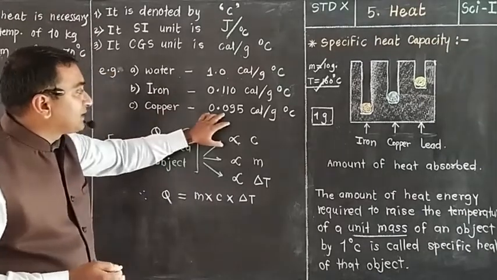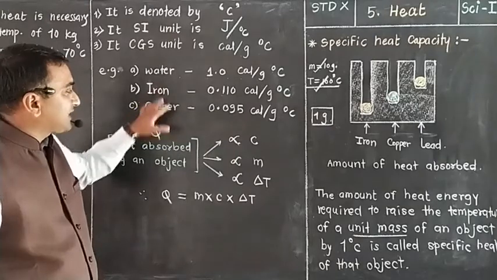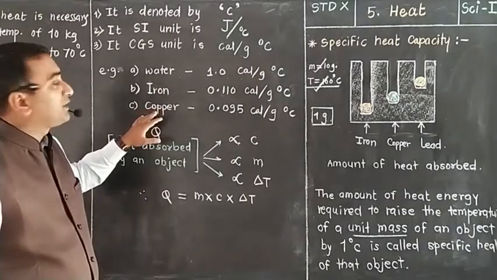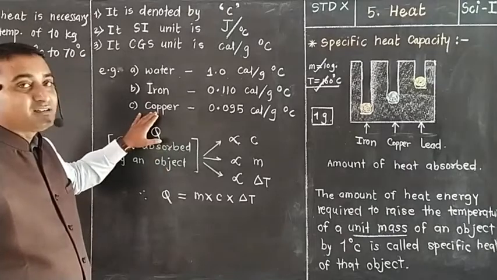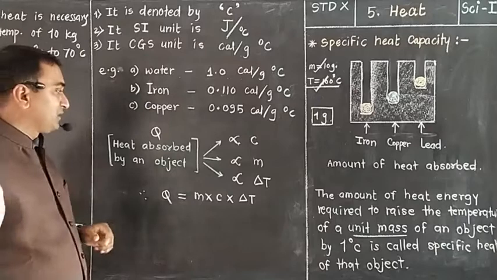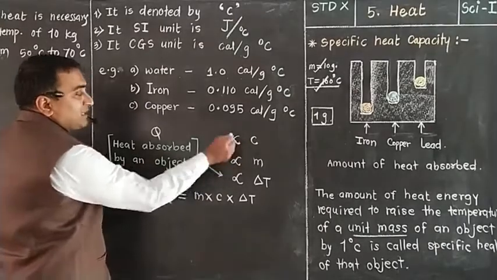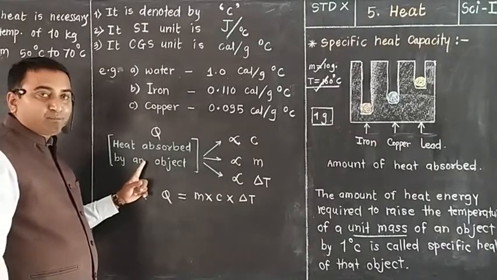And copper's heat capacity is less. So definitely iron should have more heat than the copper for the same temperature. So if specific heat capacity is more, definitely heat absorption is more.